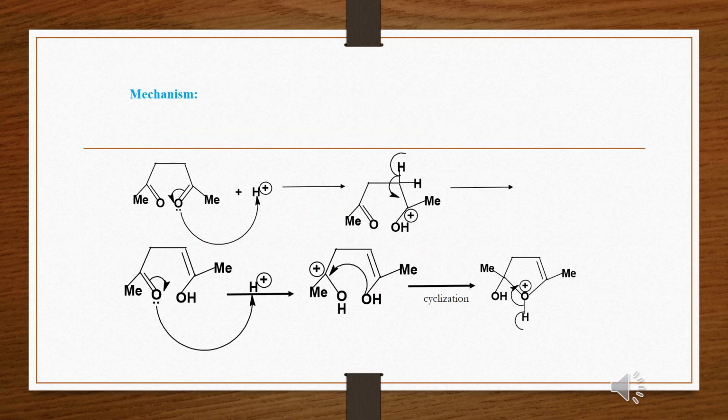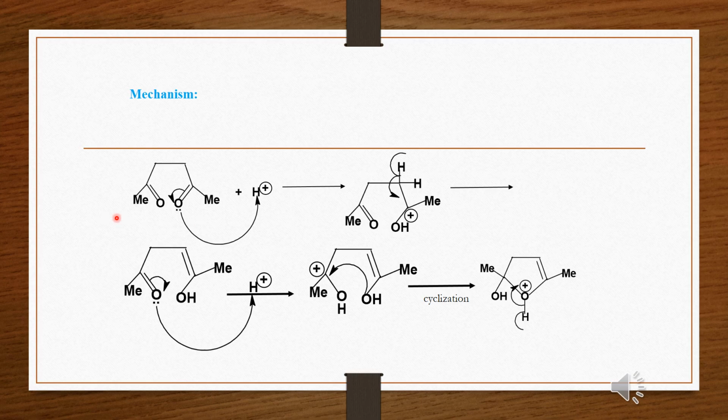Now we go to the mechanism. So here if you see, this is a carbonyl compound, C double bond O. As O is electronegative, its tendency is to draw the electrons towards itself, and because it takes the electrons towards itself, this carbon will possess a positive charge, and the oxygen will carry a negative charge.